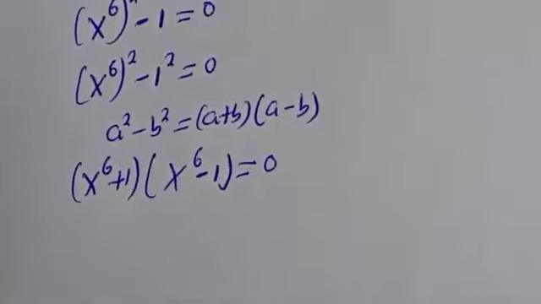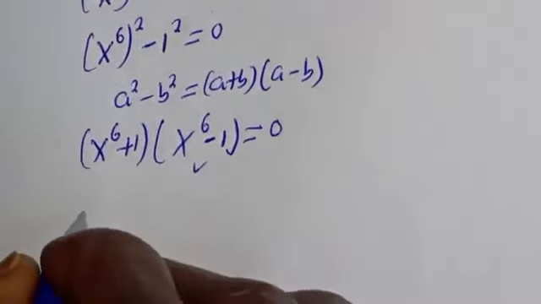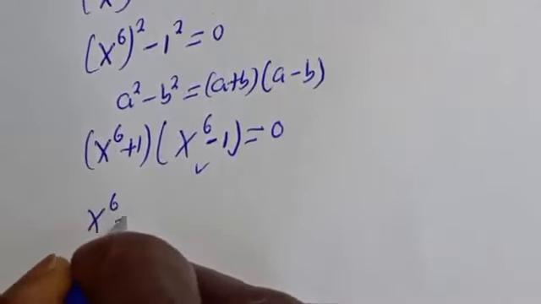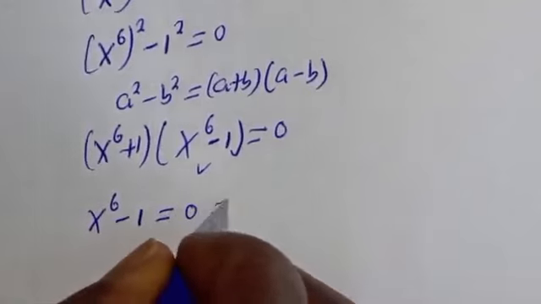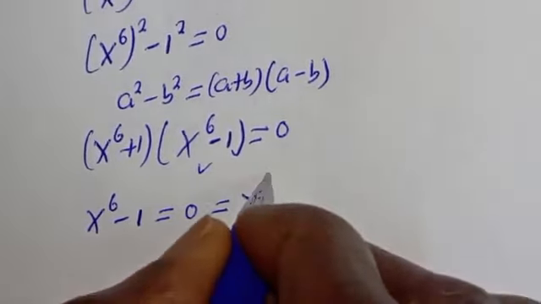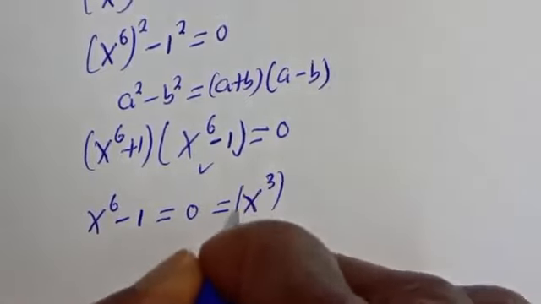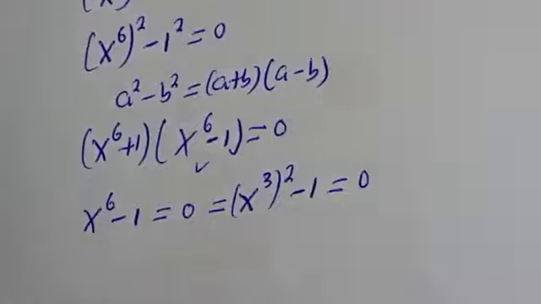So we can still express this as s raised to power 6 minus 1 is equal to 0. This is equal to s raised to power 3 squared minus 1 is equal to 0.